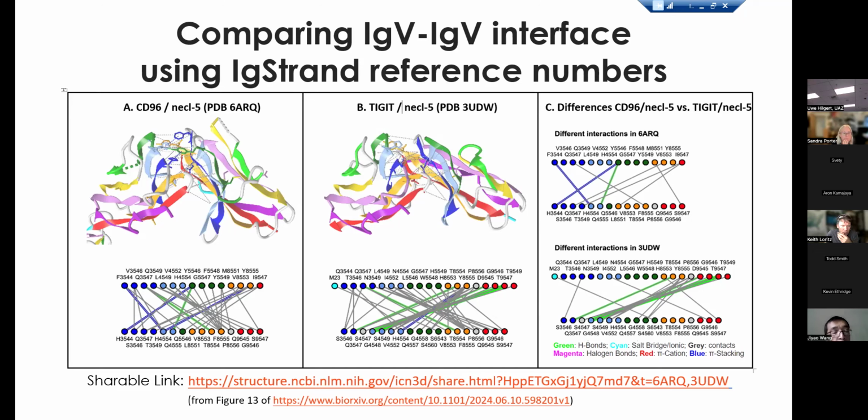In order to compare them, you can use a reference number; the same reference number indicates the same location. With the reference number, you can compare the different interactions in these two structures. So you can remove the common interactions.